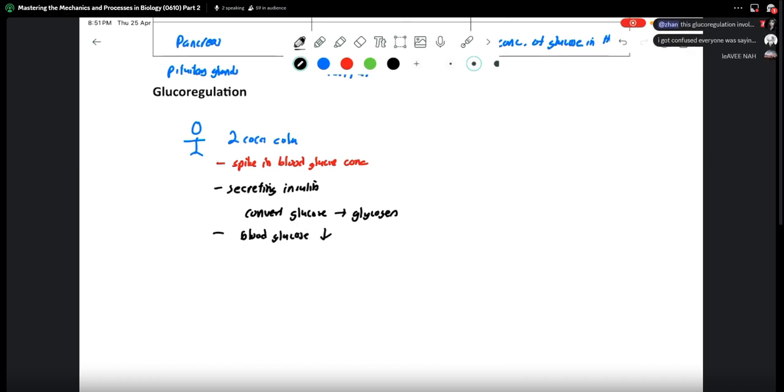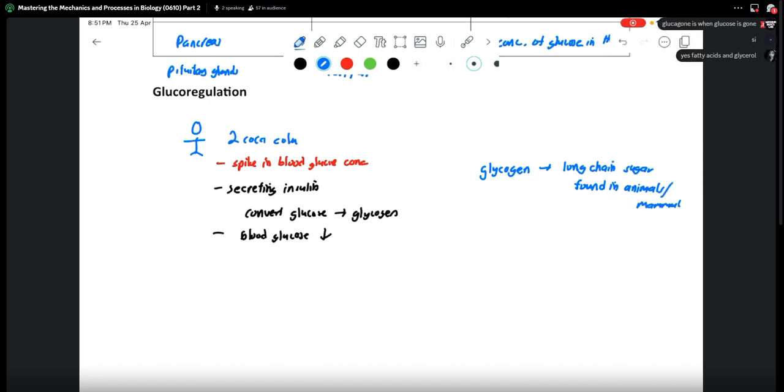Yes, it's a negative feedback control mechanism. Correct. So remember, glycogen is a long chain sugar found in animals, usually in mammals. Glucagon is the hormone secreted in the pancreas.